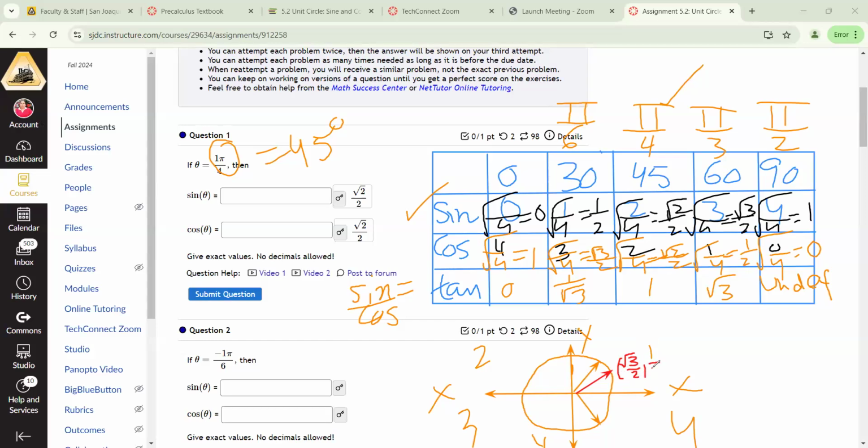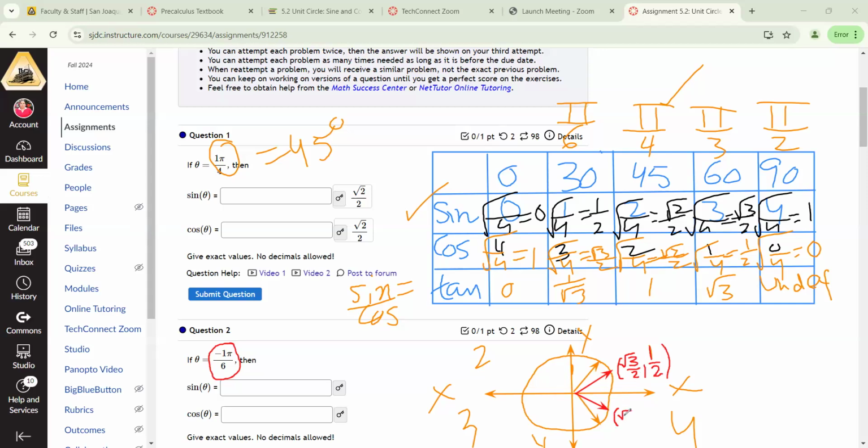So I'm just using the one that was sitting there from previously written quadrants. And when they're asking me a question like negative pi over 6, that means I am having a 30-degree angle down here. So those same numbers will be here, but now in this quadrant, the y value will be negative.